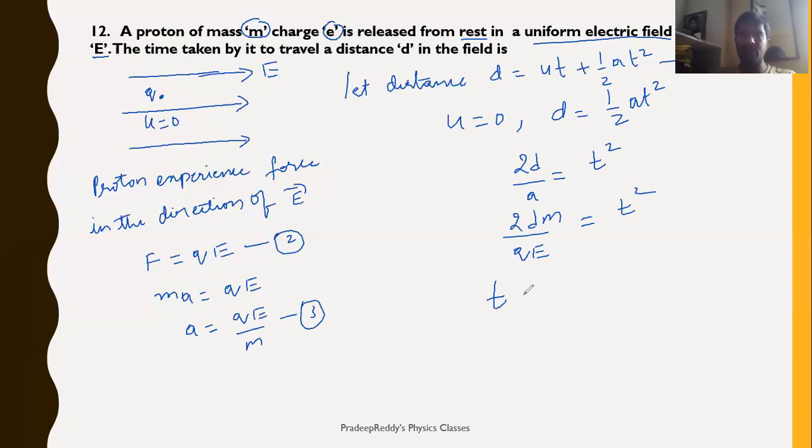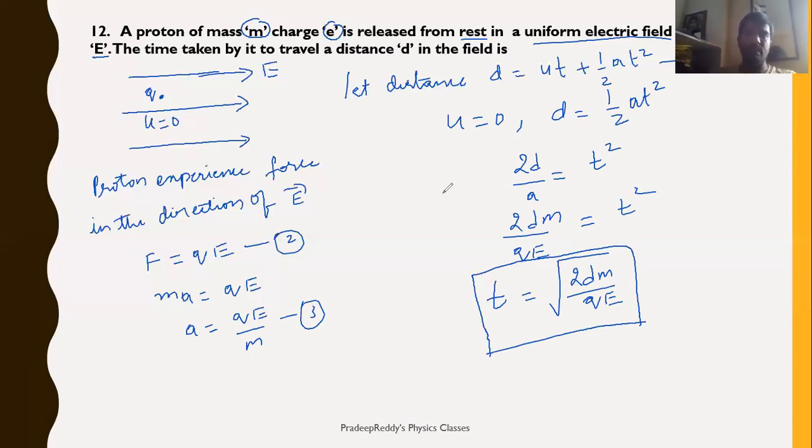So time taken t will be equal to under root 2dm divided by q into e. This is final expression for time taken by this proton to travel a distance d in that particular uniform electric field.